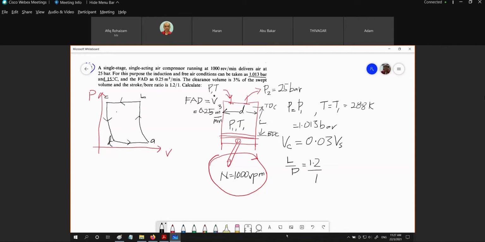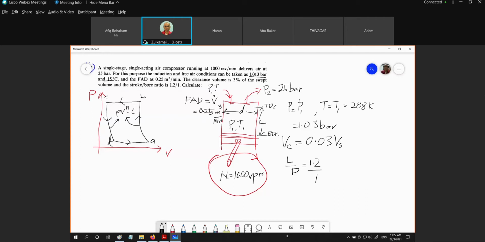So of course, as usual, for the expansion and the compression, the expansion process is according to the polytropic process.